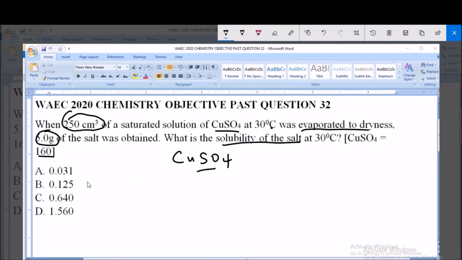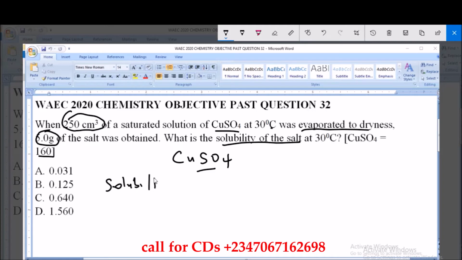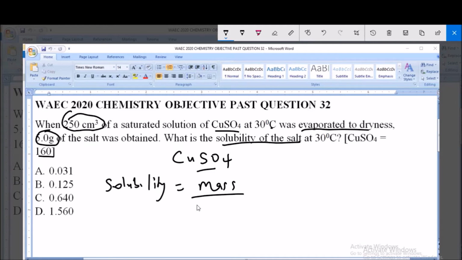So the formula we use to calculate this: solubility is equal to mass over molar mass times 1000 over volume. The volume is the volume of the solution.